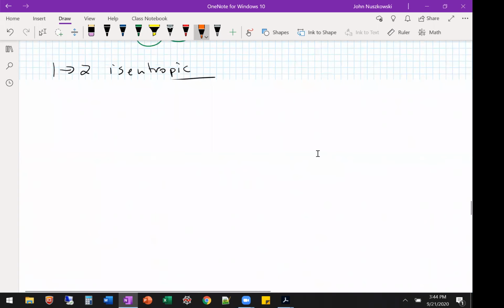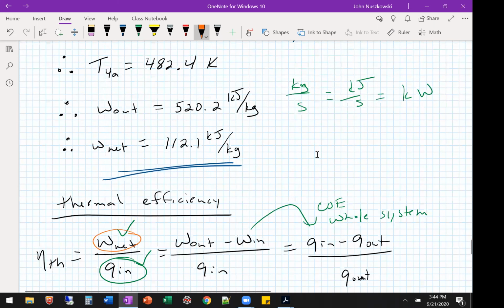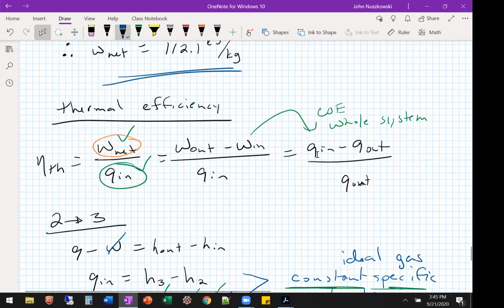And if we did it that way, we would have had one COE to solve for Q in, one to solve for Q out. And so we would only have to do the COE twice, okay? So a lot of times that's the quicker way because it ends up being a few less numbers that you have to get.